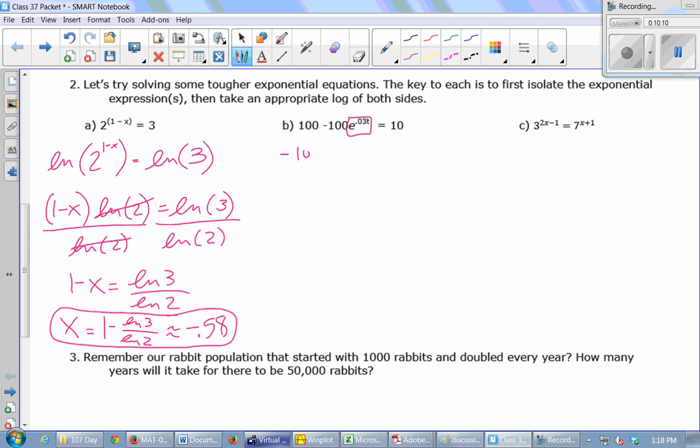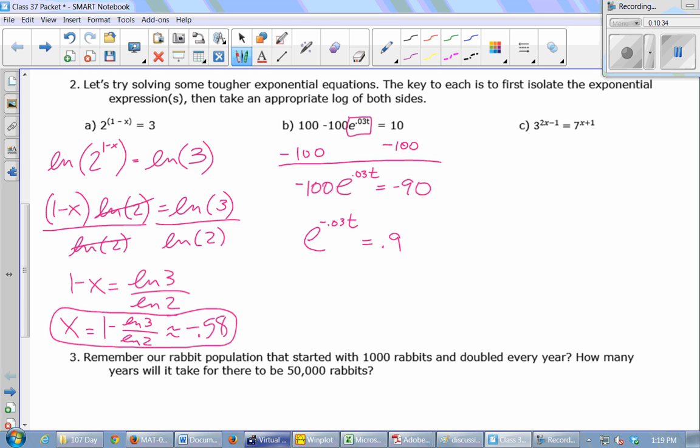Subtract 100. Right, so I get negative 100 e to the 0.03t equals negative 90. Divide by negative 100, so I get e to the 0.03t equals 0.9. So now I've isolated my exponential.